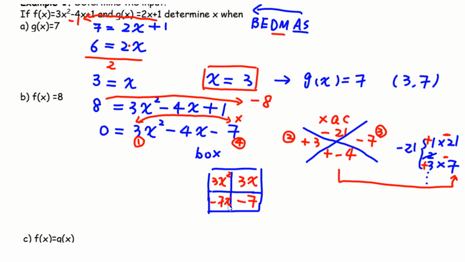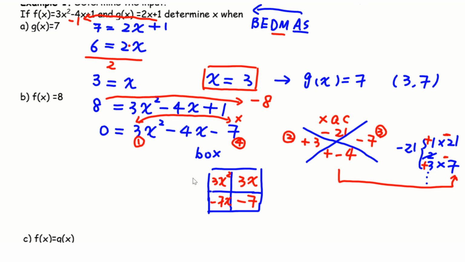So once we have this area, then we are going to look for the side. We are going to find the common factor for the first row, 3x squared, 3x. For common factor, it means for the numbers, we are looking for the greatest number that could go into each number.